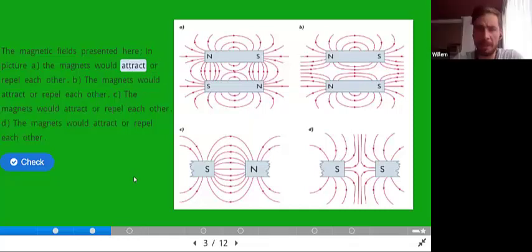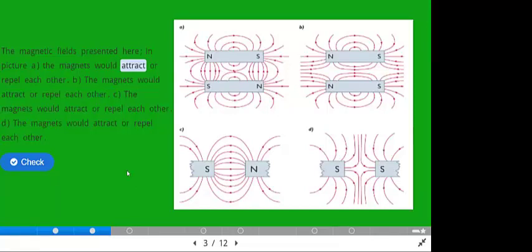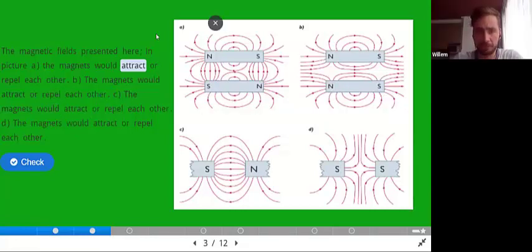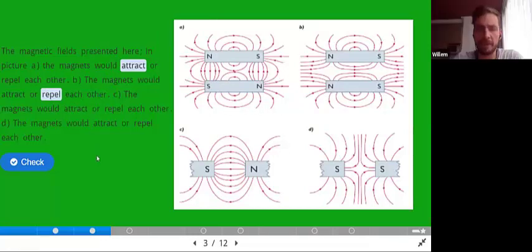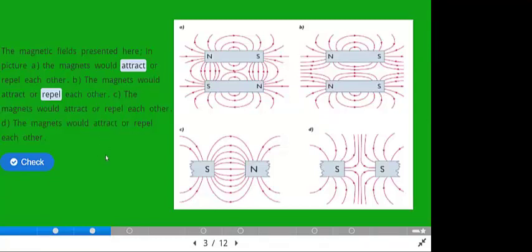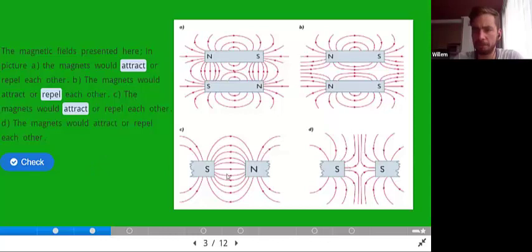Okay, and in picture B, would the magnets attract or repel each other? Repel. Why would they repel each other? Like poles. Okay, and in picture C? Attract. And the last picture, picture D? Repel.